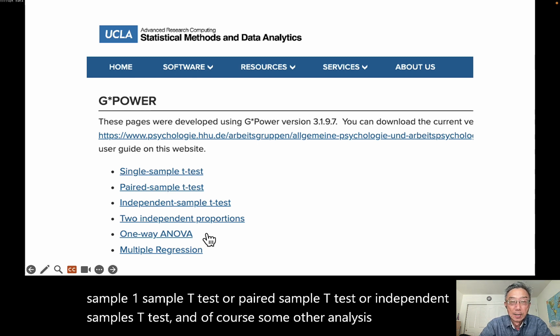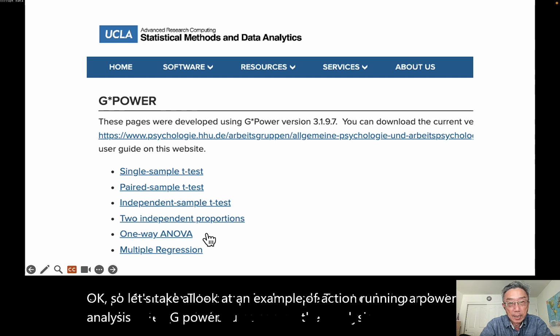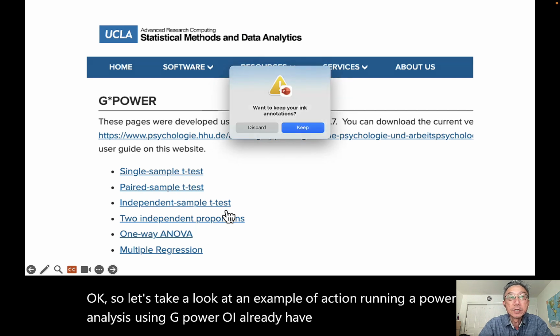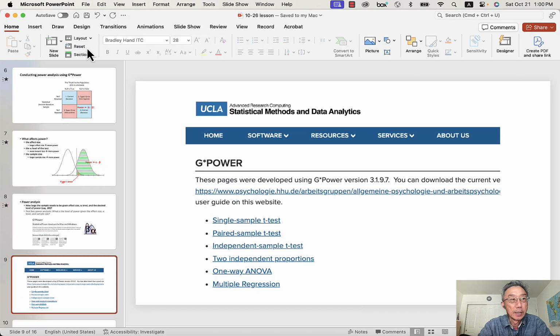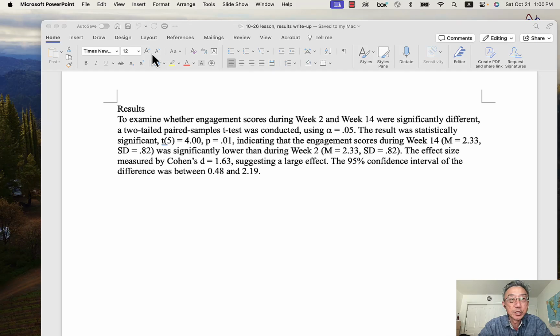Okay, so let's take a look at an example of actually running a power analysis using G-Power. I already have G-Power installed on my computer, so I'm just going to switch to G-Power.